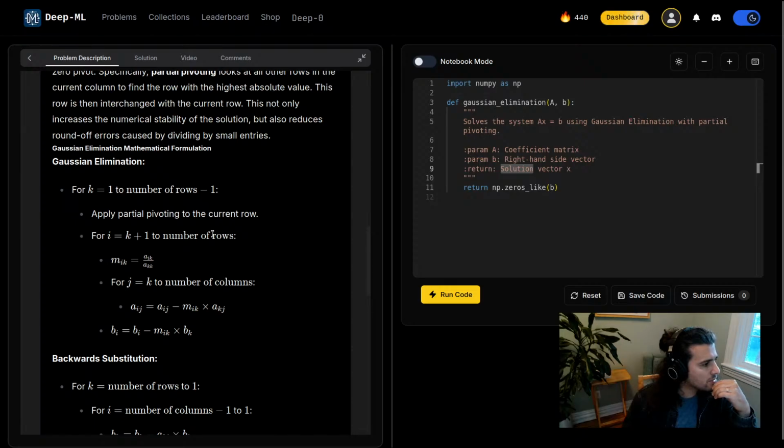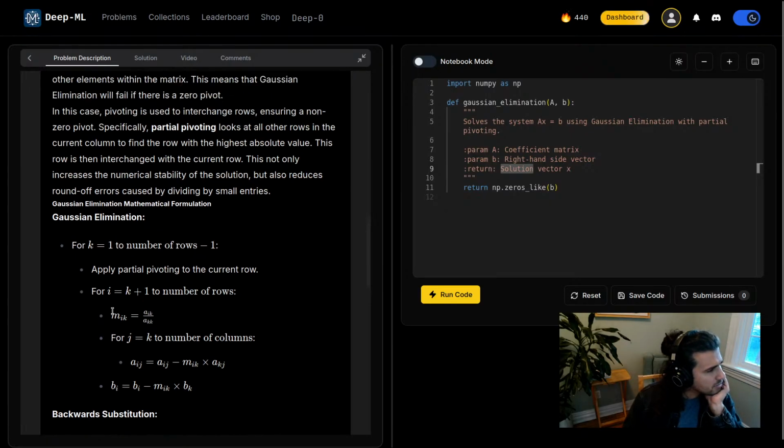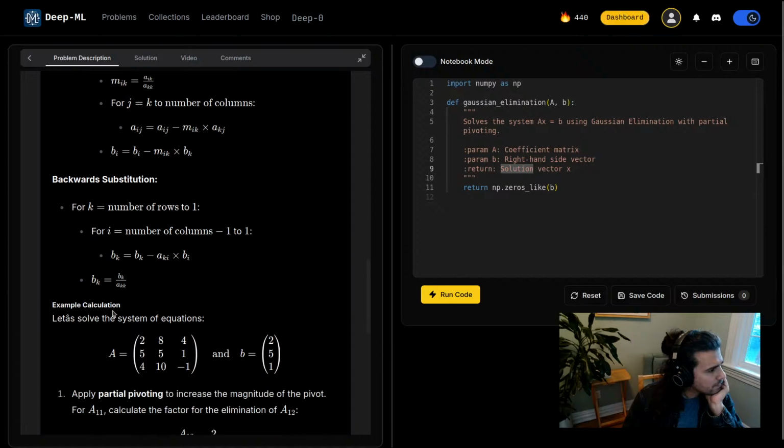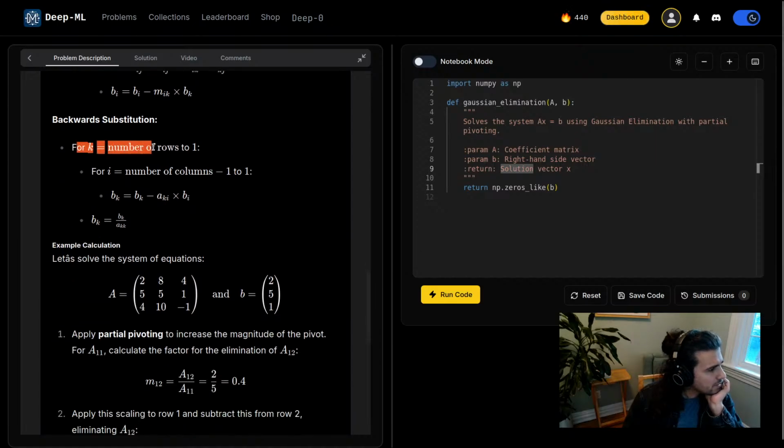So for i from k plus 1 to the number of rows, what is m? For j equal to k, what are we doing here? I guess that's the whole algorithm. Okay. For k equal to the number of rows, this is the backward substitution step.